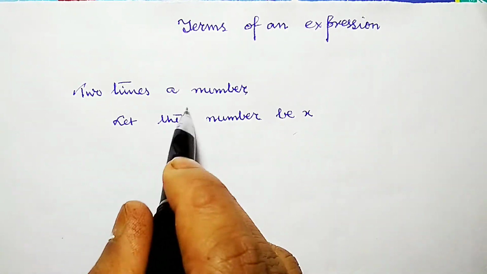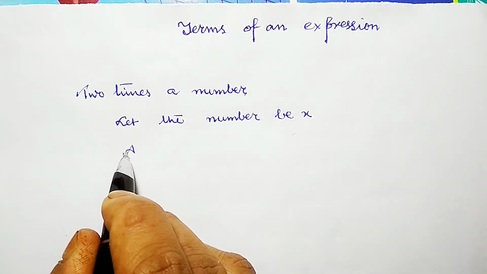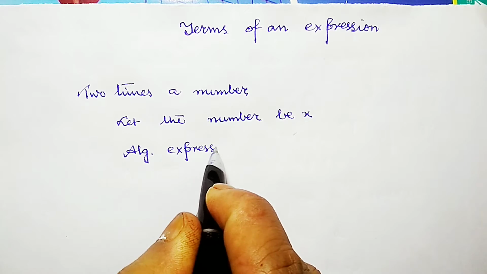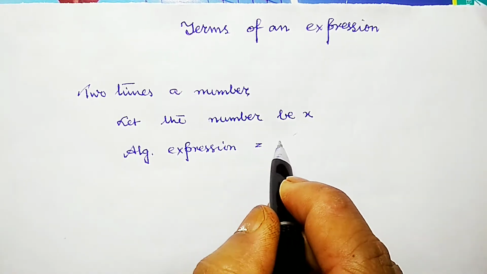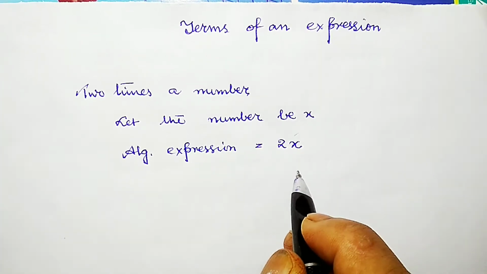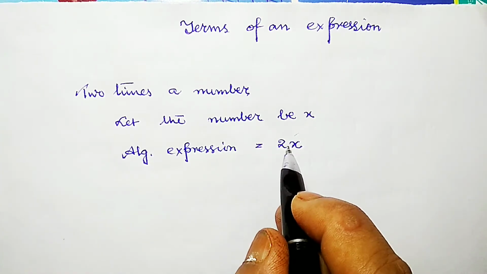Then what will be the expression? The algebraic expression will be 2 times a number, so it will be 2 into x, twice x. So this is the required expression.